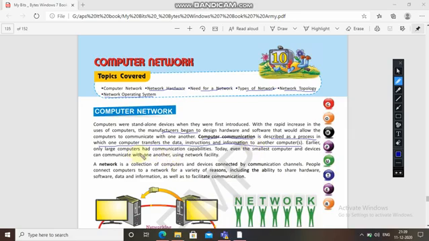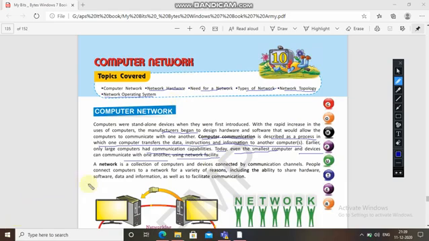Earlier, only large computers had communication capabilities, but today, even the smallest computers and devices can communicate with one another using network facility. As you have the network facility, you can easily share photos, documents, clips, audio and videos from one device to another device.